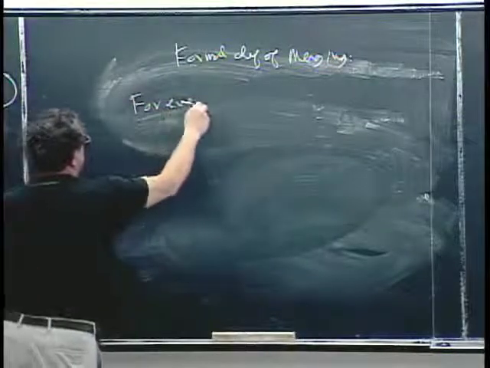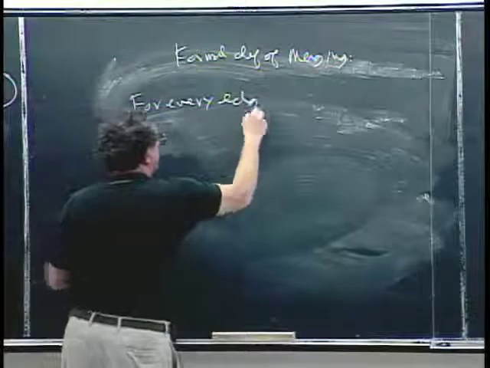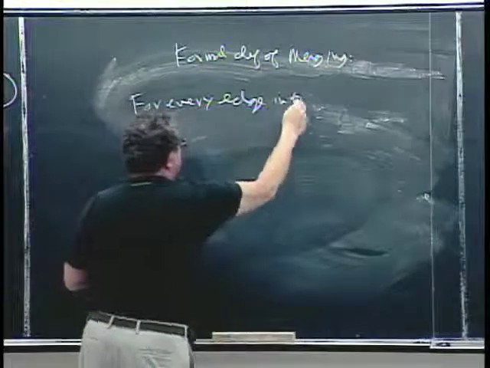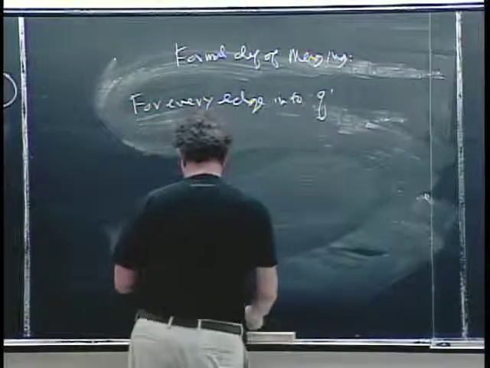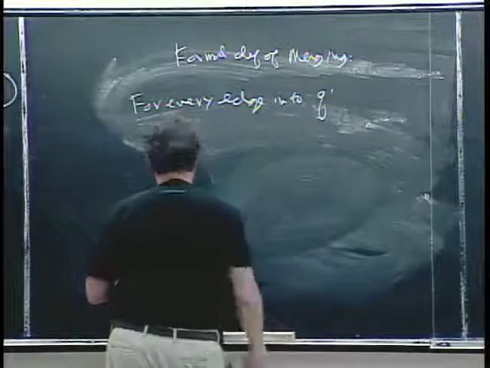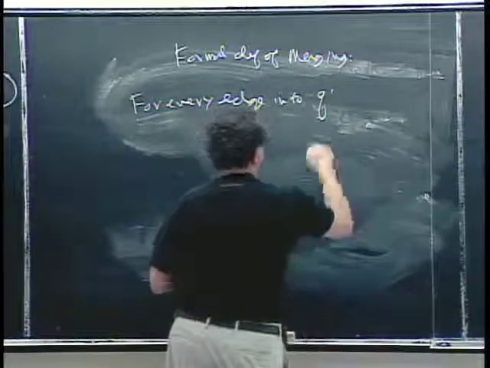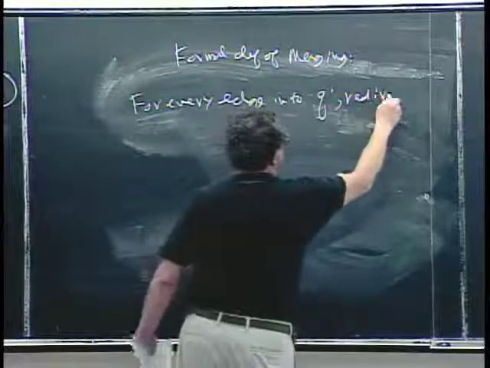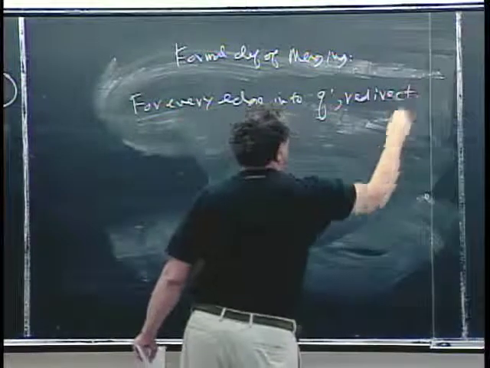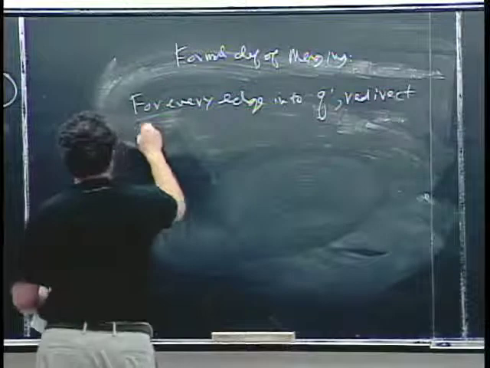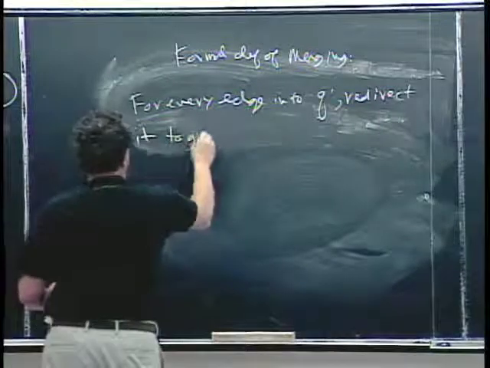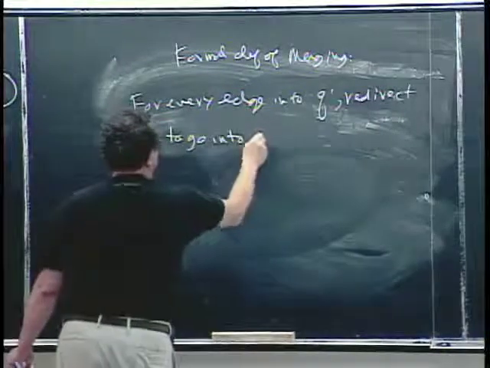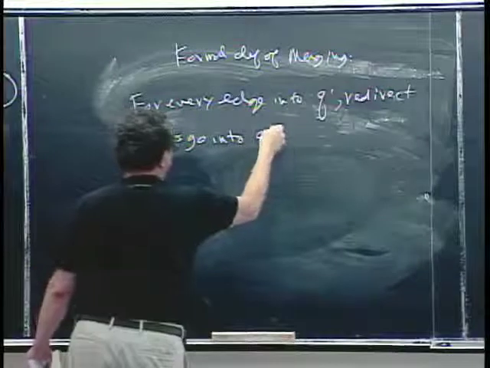For every edge into Q prime, redirect it to go into Q. That's the first thing we do.